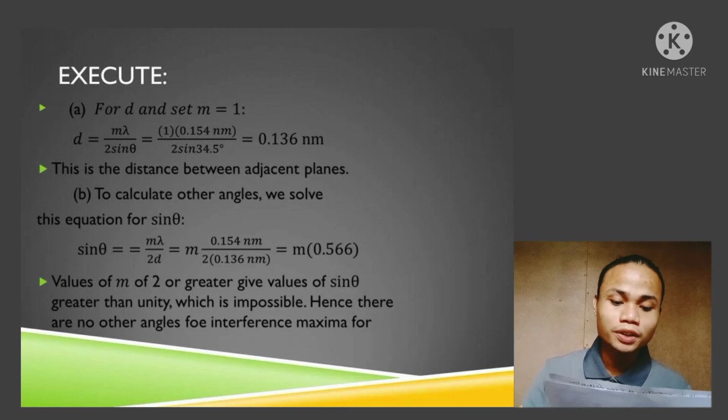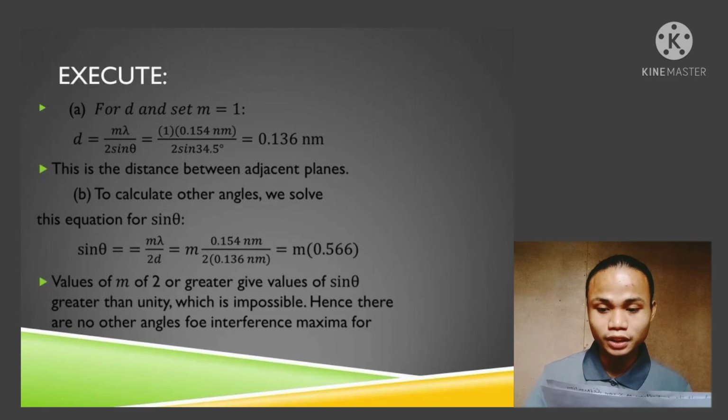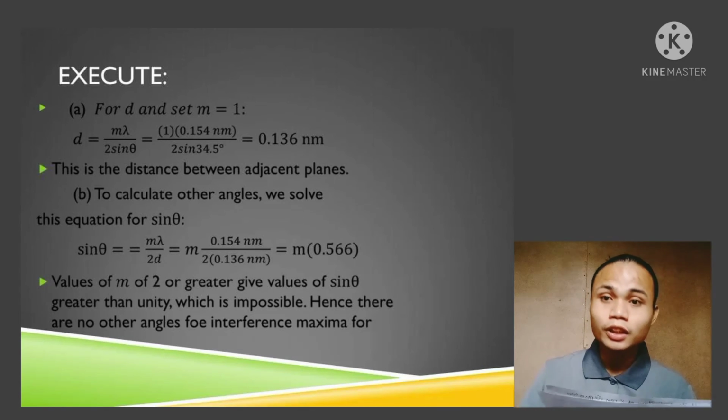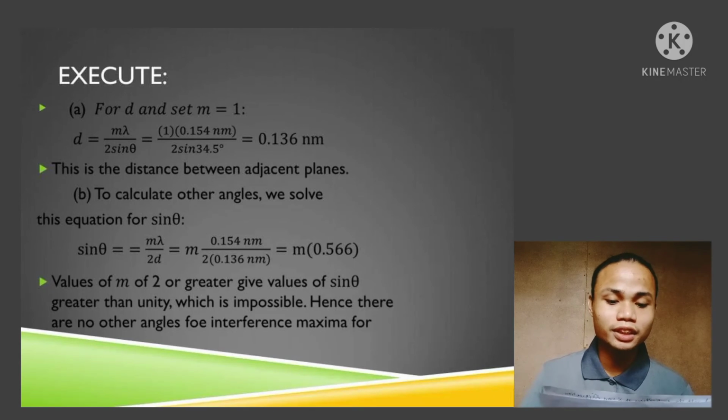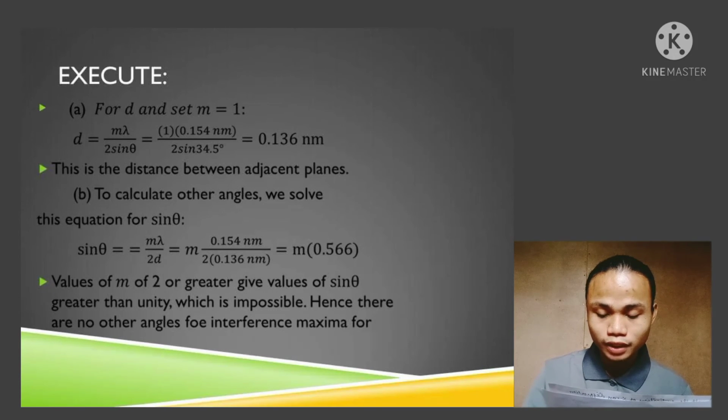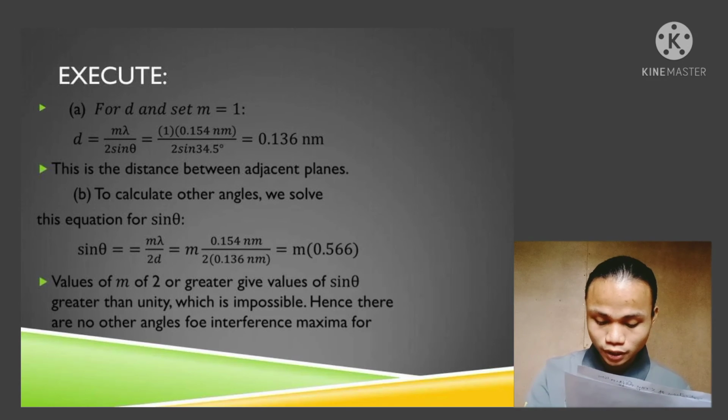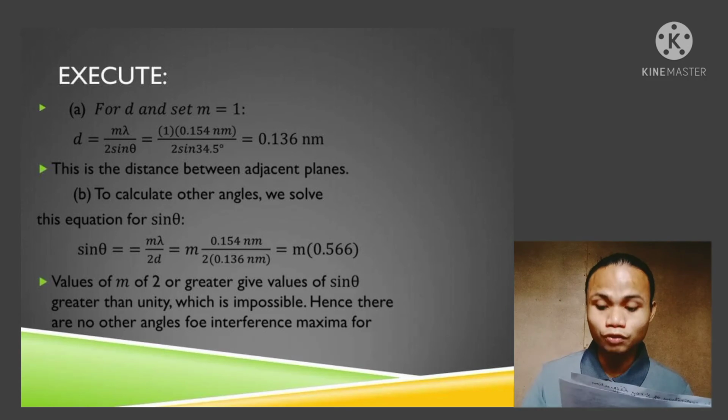Now for letter B, to find the values of theta, or the angle of incidence, for interference maxima corresponding to other values of m, we are going to use the formula again. We transform the formula from the Bragg condition. To calculate other angles, we solve for sine theta.